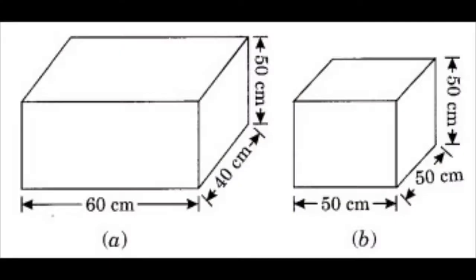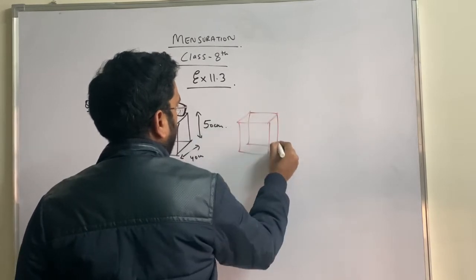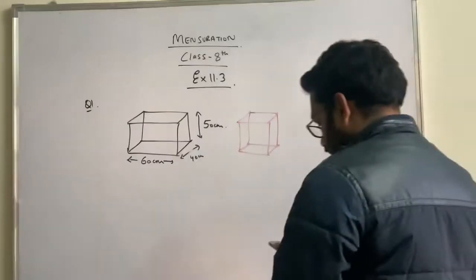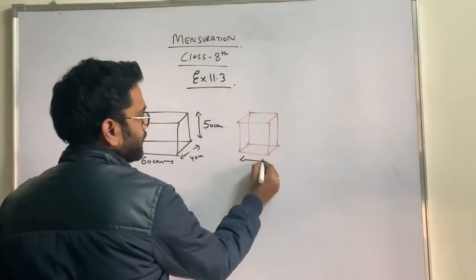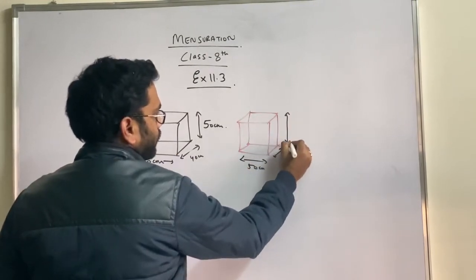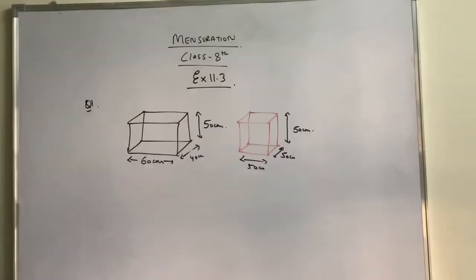Now, the next cuboid is 50 centimeter, all given as 50 centimeter, 50 centimeter, and 50 centimeter. So in this question, there are two cuboidal boxes as shown in the figure. Which box requires the lesser amount of material to make?